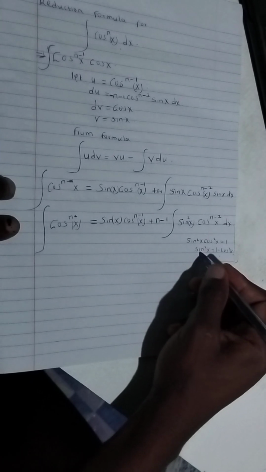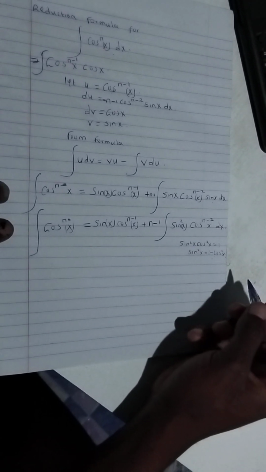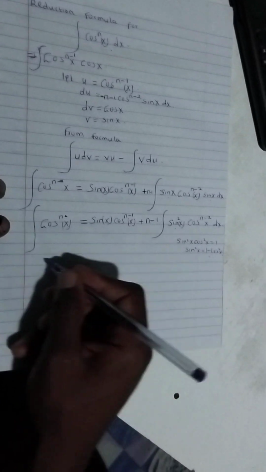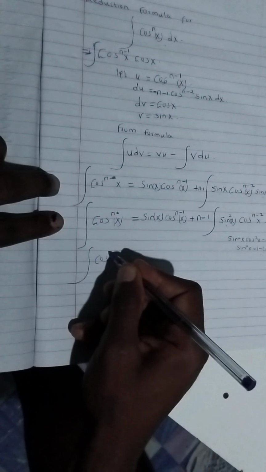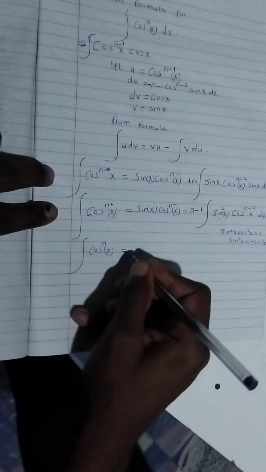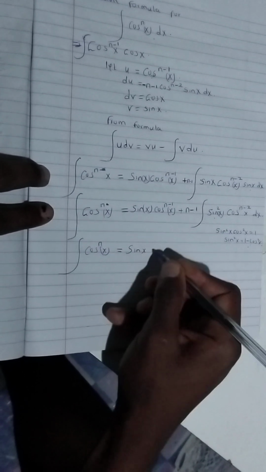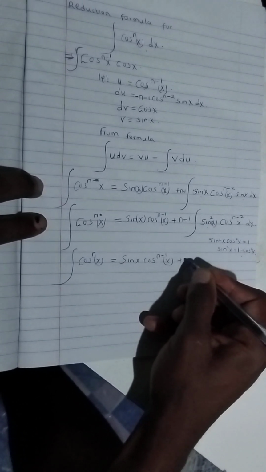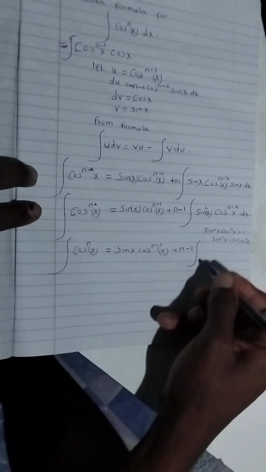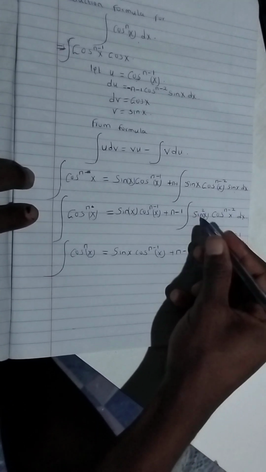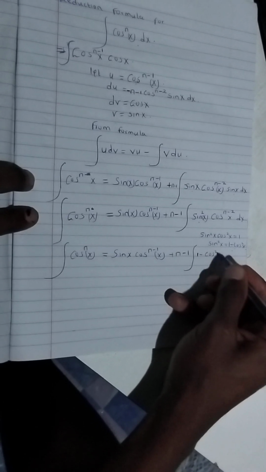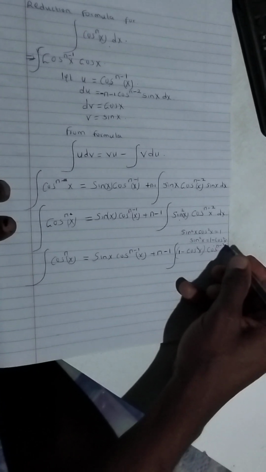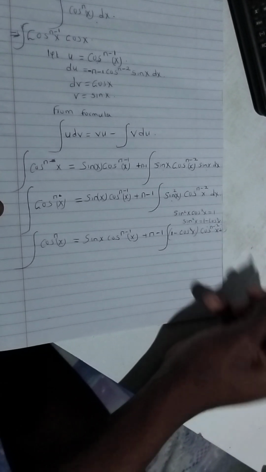Now replace sin^2 x with 1 minus cos^2 x, and this will give you the integral of cos^n x equivalent to sin x cos^(n-1) x plus (n-1) times the integral of (1 minus cos^2 x) multiplied by cos^(n-2) x dx.